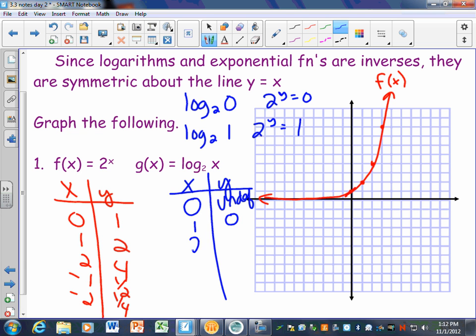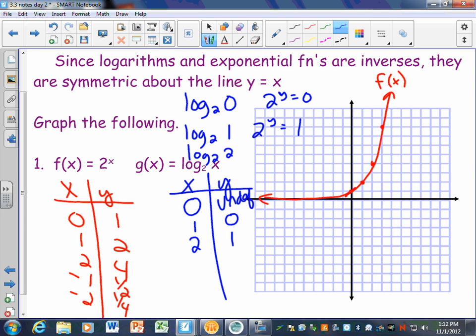What about 2? Can I pick 2? When I see log base 2 of 2, I gave you a property yesterday about log base a of a. But again, you should be thinking this is saying 2 to the what power gives me 2. And what's the answer? 1. Now here's where you've got to think a little bit more.